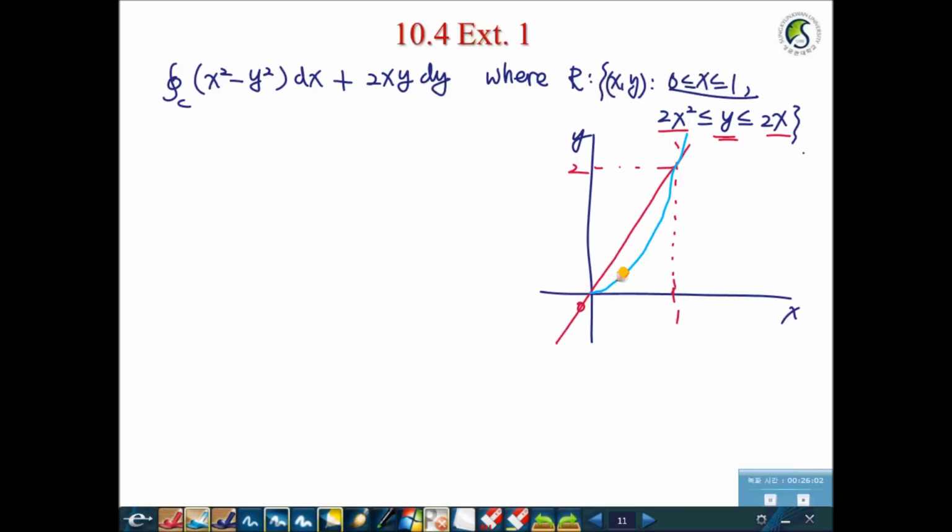So it is a region bounded by these two functions, and it has to be in the counterclockwise sense to be positive.